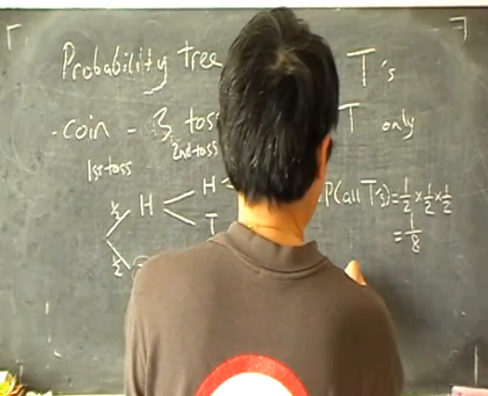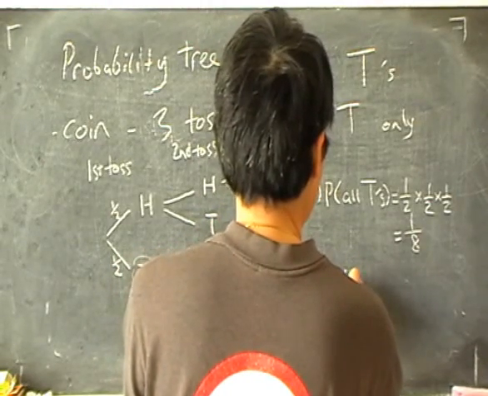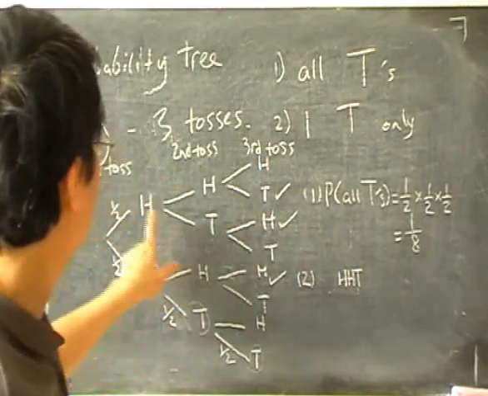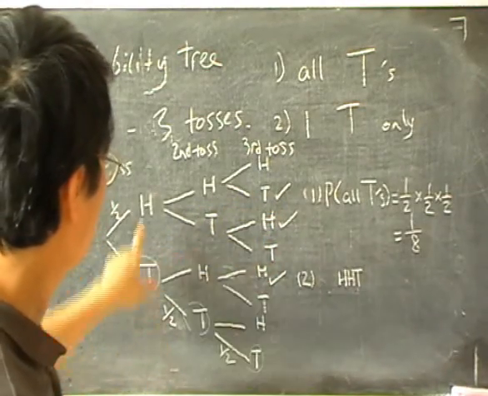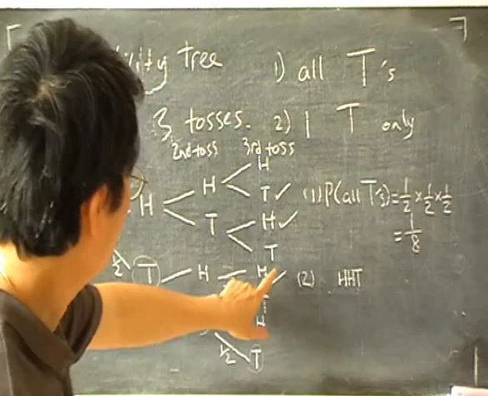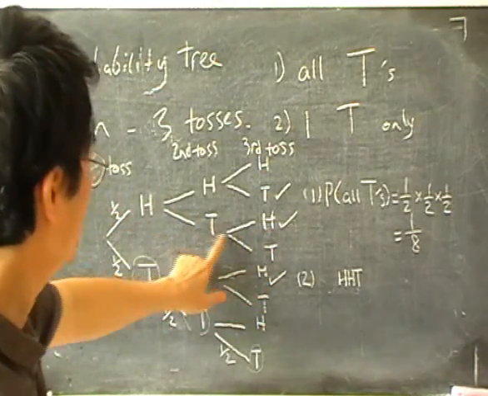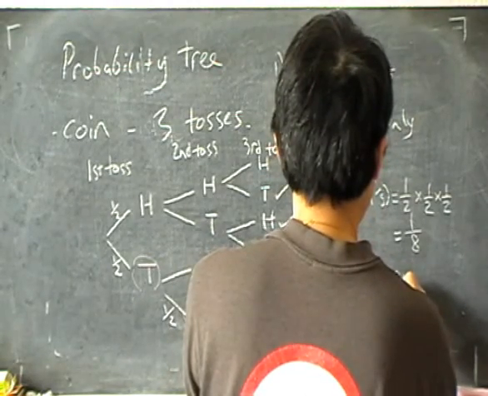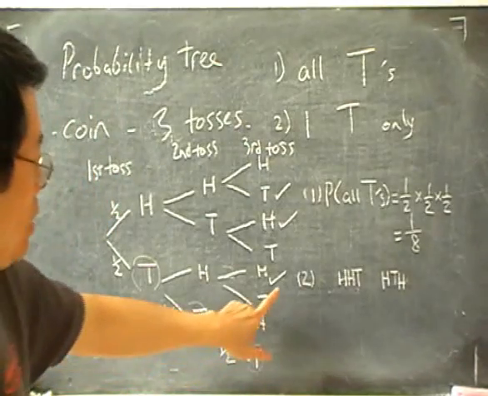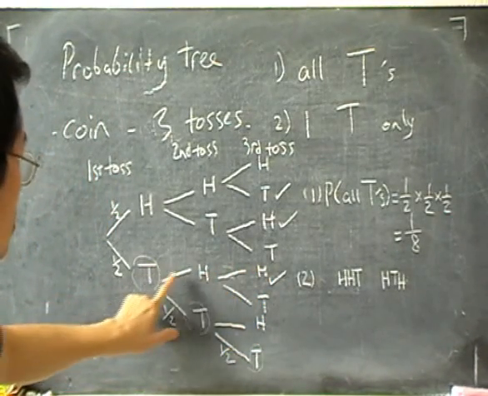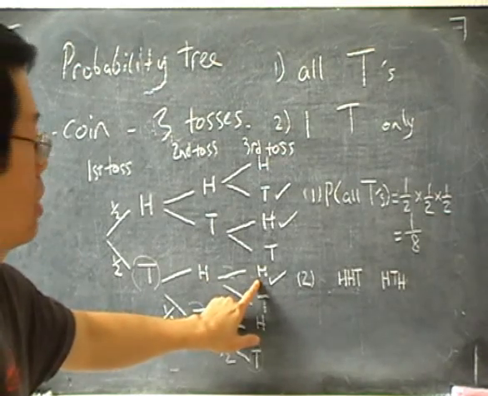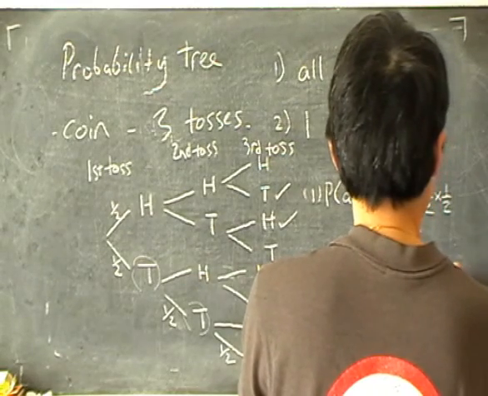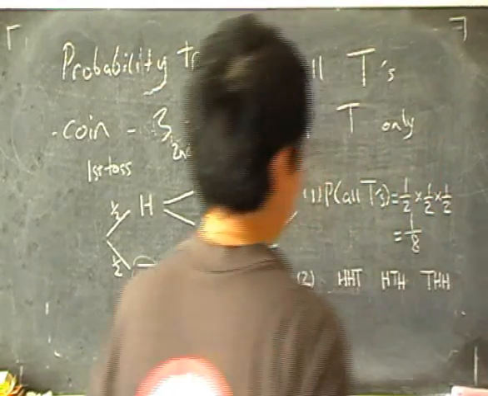Alright, so I can have head, tail, head, tail, that's 1 possible series. I can have this one, head, tail, head. That's another one. And I can have that one, tail, head, head. That's yet another one.